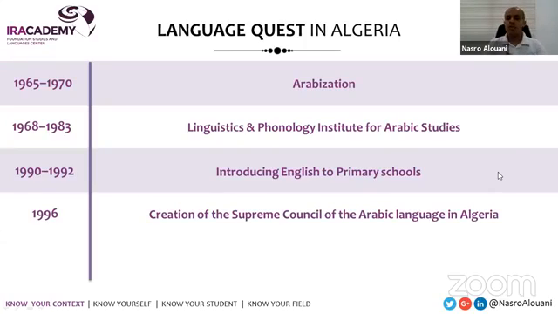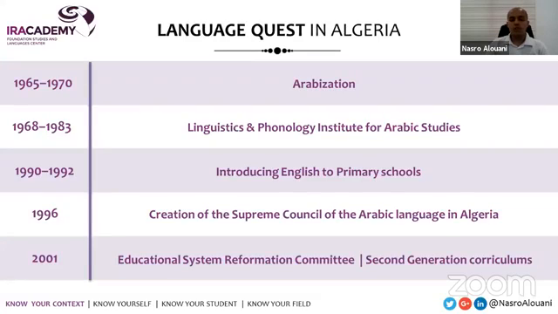In 1996, the Supreme Council of the Arabic language was created in Algeria, and its role was to translate military documents and governmental paperwork into Arabic because they were in French, and it is still working on that.